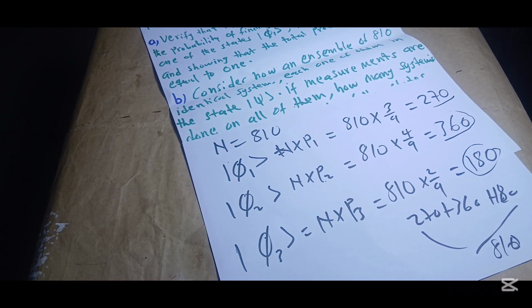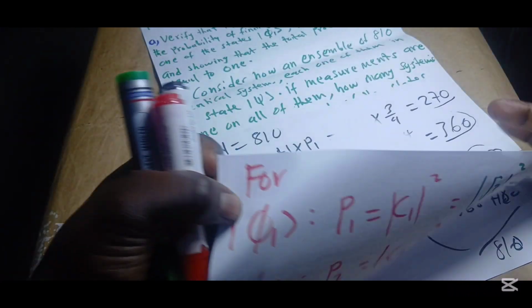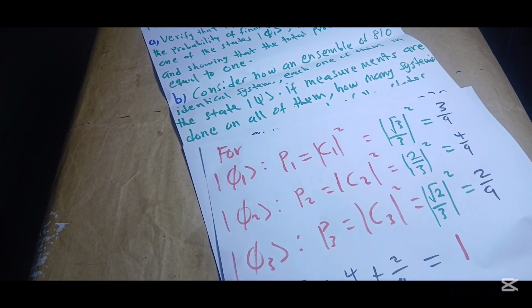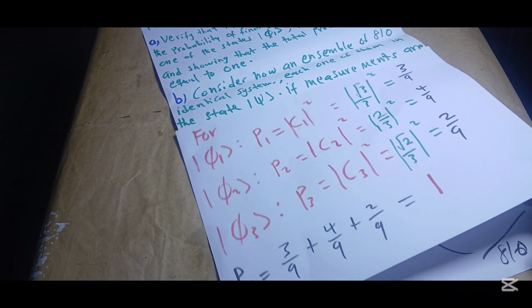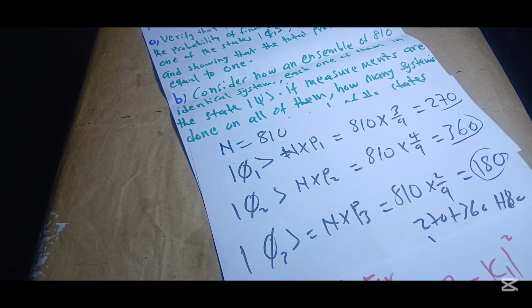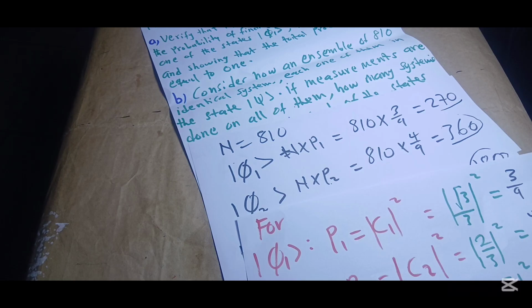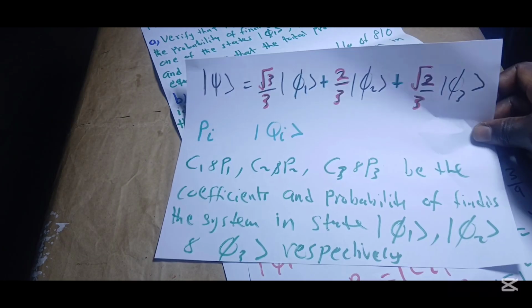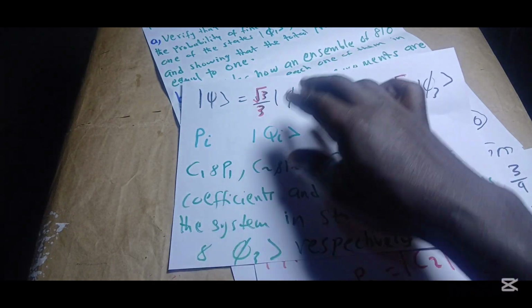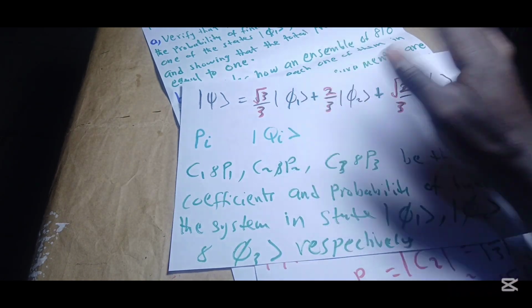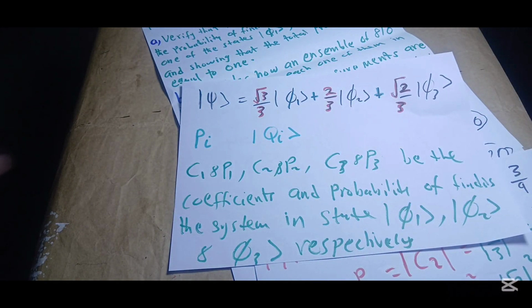So let's do a quick summary. The first part of the question asks us to verify whether the state is normalized and show that the total probability equals 1. We defined our terms: C1 is the coefficient of phi 1, P1 is the probability contribution of phi 1, and the same up to phi 3.